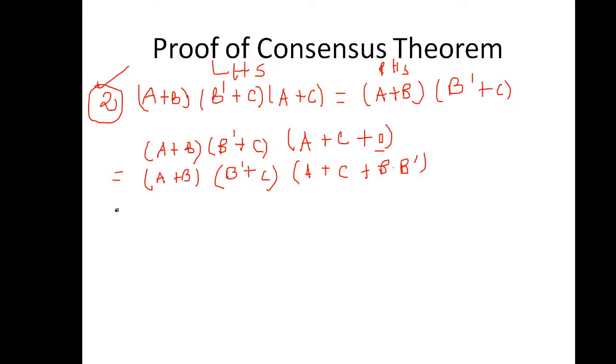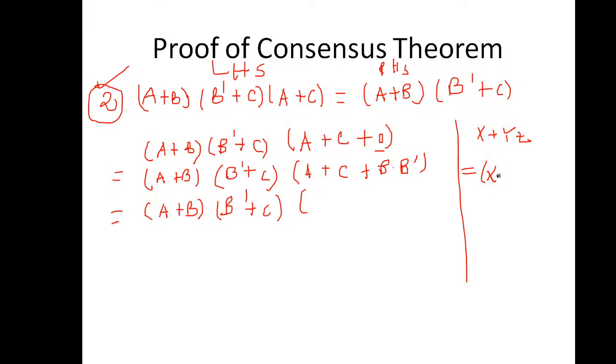Now you see this one. I'm just keeping these two as they are, A plus B, and the second term is also B bar plus C. Now just see this formula. If you remember one formula, if you have X plus YZ, can we write it down as X plus Y into X plus Z?